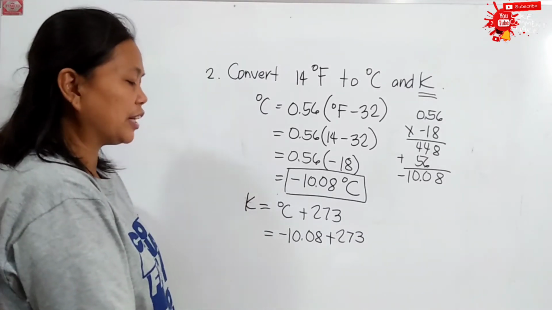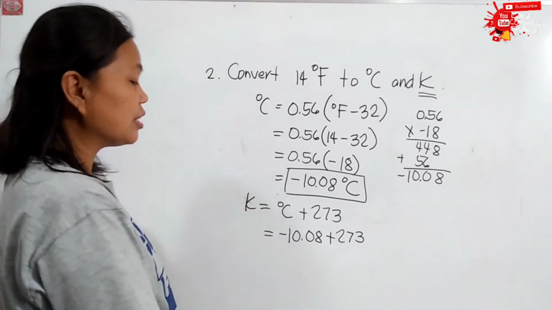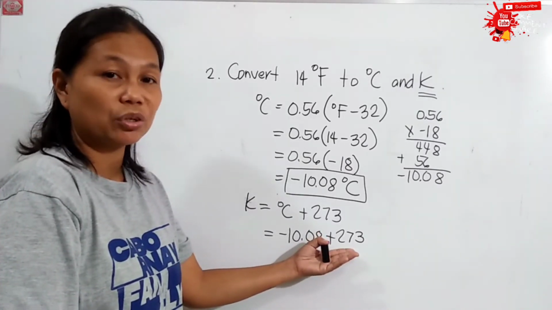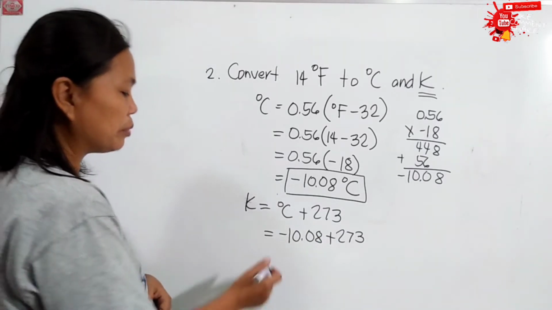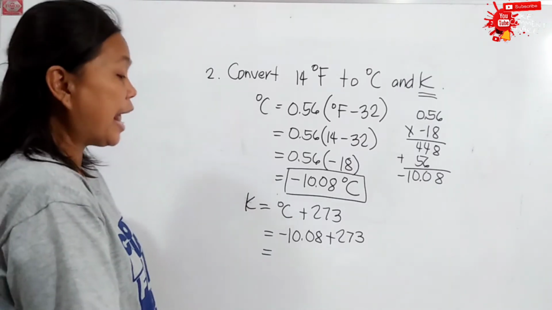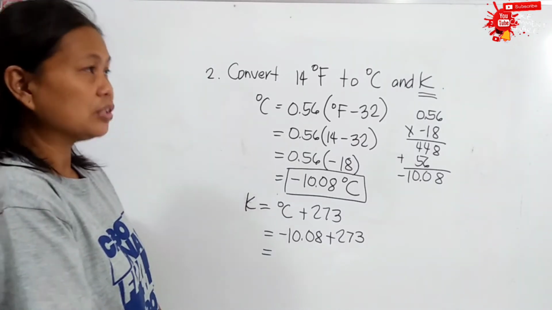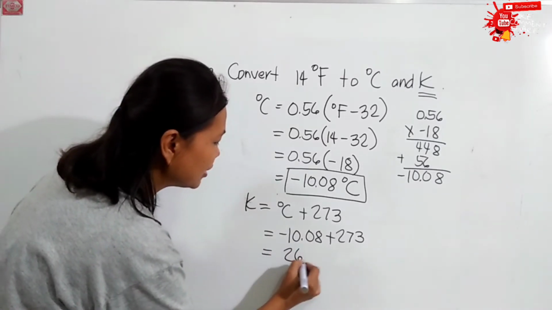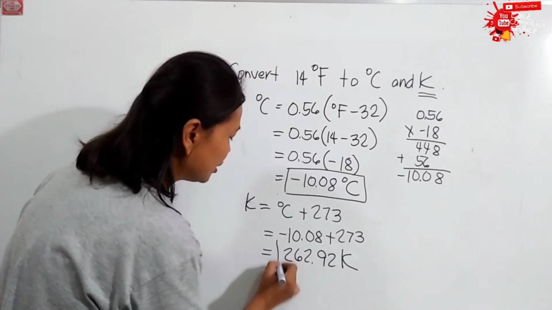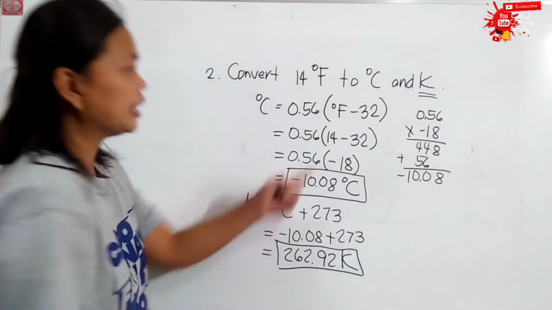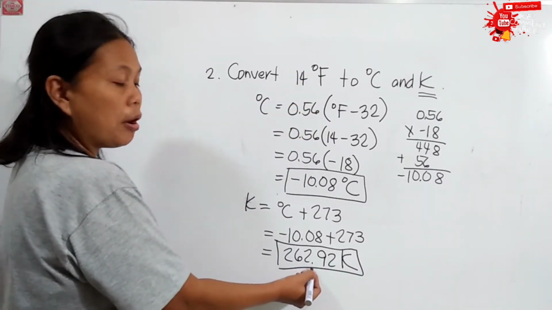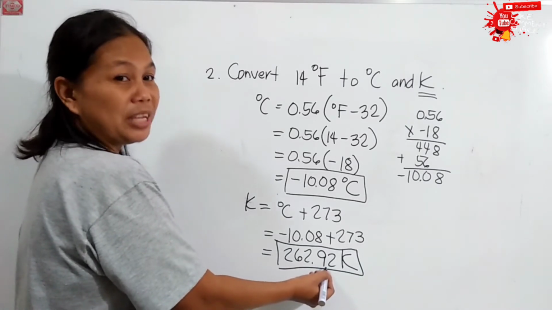Based on the rule of addition of signed numbers, with different signs we subtract the values and follow the sign of the number with the greater absolute value. So it will become positive. What will be the difference of 273 and 10.08? It is equal to 262.92 Kelvin. So this is now the conversion of the 14 degree Fahrenheit to Kelvin. So we have 262.92 Kelvin.